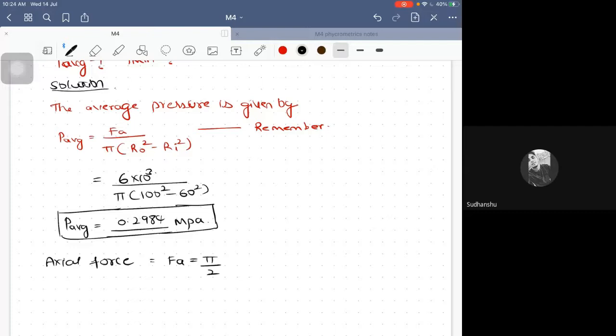Just check this equation. I'll give you the equation number: it is 13.9d, page number 258. This is the equation. Fine.